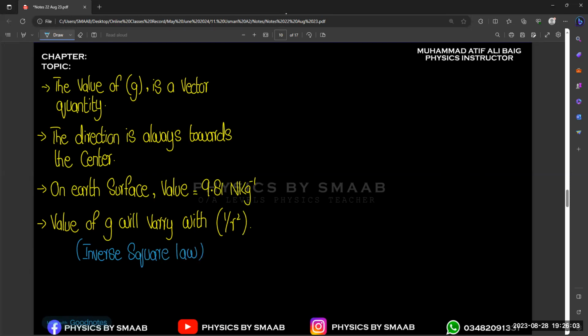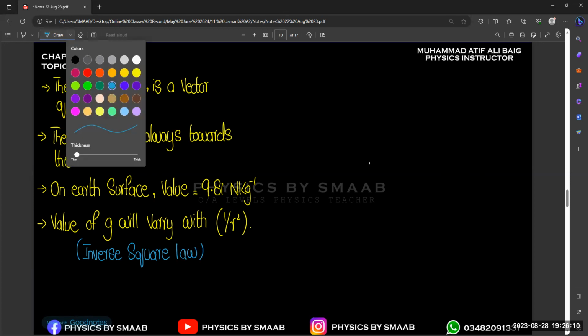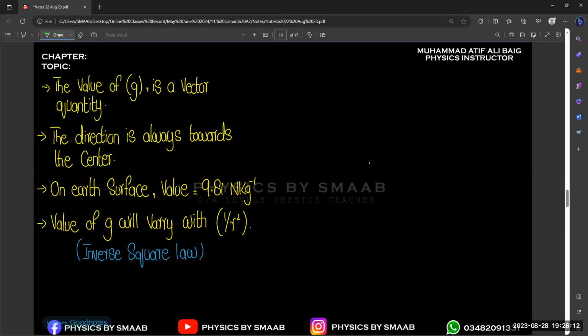Clear? Any confusion? No. Okay, so inverse square law means that according to the formula, g is inversely proportional to r square. Capital G and M are constant values.